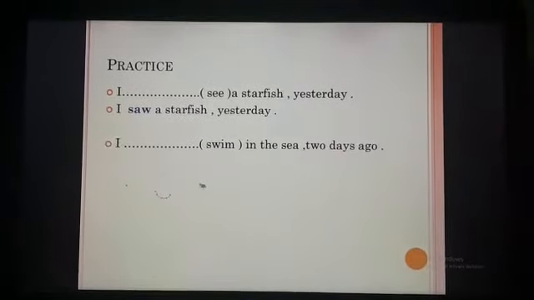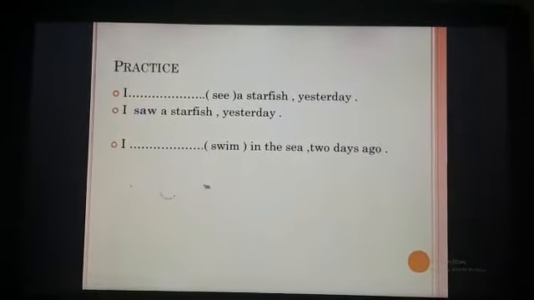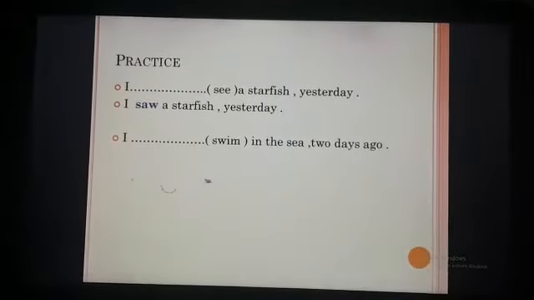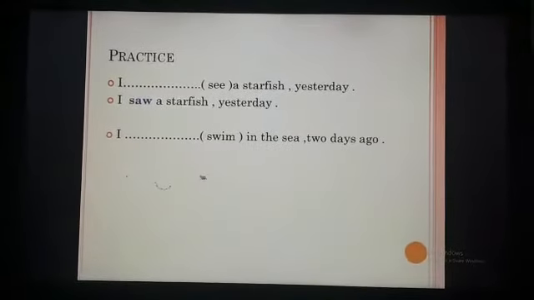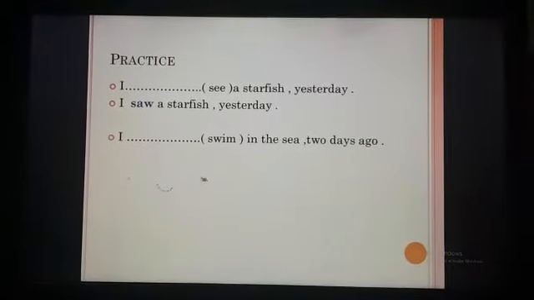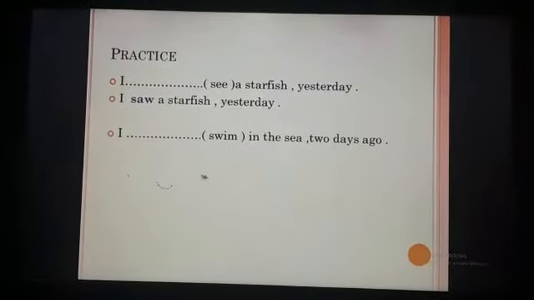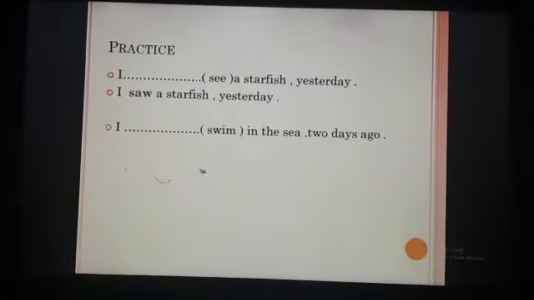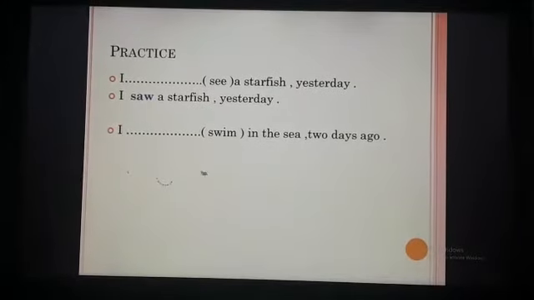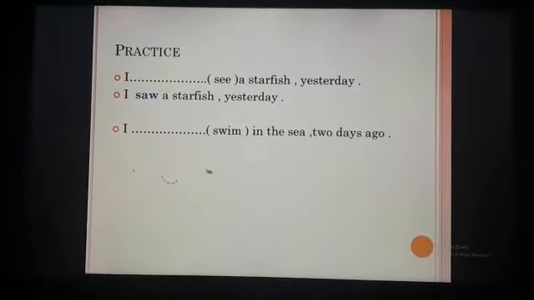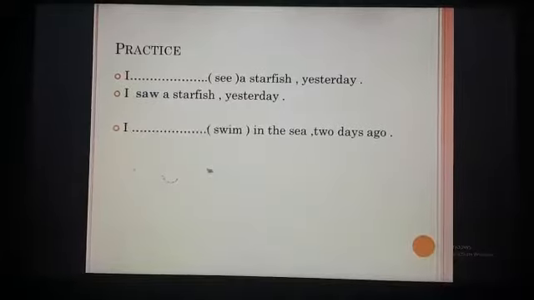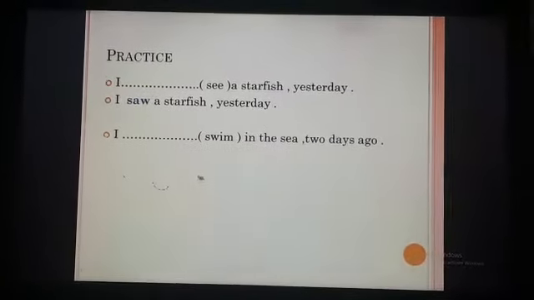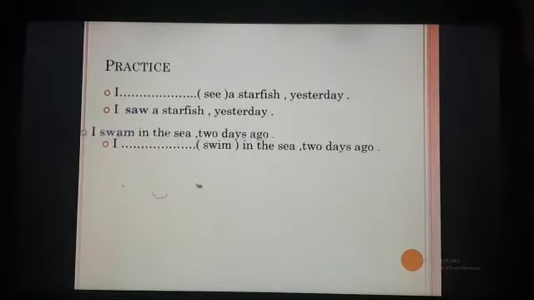The second sentence: I, my verb is swim, in the sea 2 days ago. So my keyword here is ago. So the verb is supposed to be in which tense? Exactly, the past tense. So any answer? Bravo, guys.